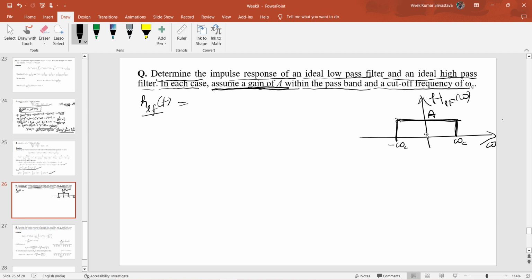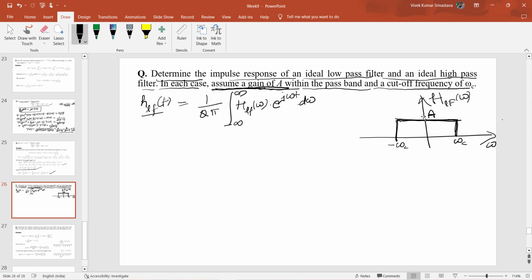We can use the expression of the inverse Fourier transform, which is defined as 1 over 2 pi integral from minus infinity to infinity of h LF of omega into e raised to the power j omega t d omega.